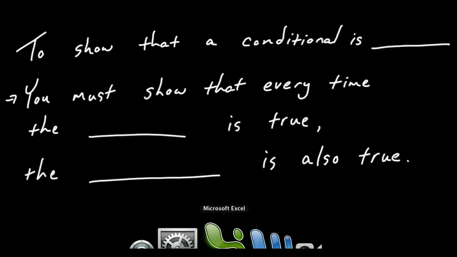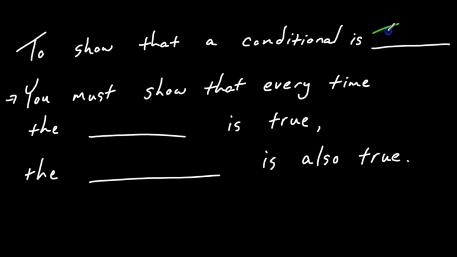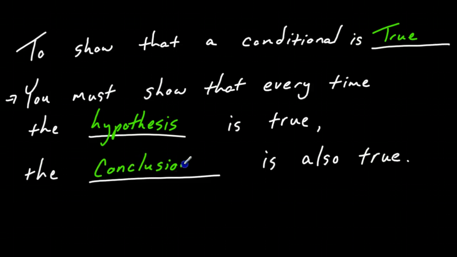Now, to show that a conditional is true, we must show that every time the hypothesis is true, the conclusion is also true. If that's the case, then we have a true conditional.